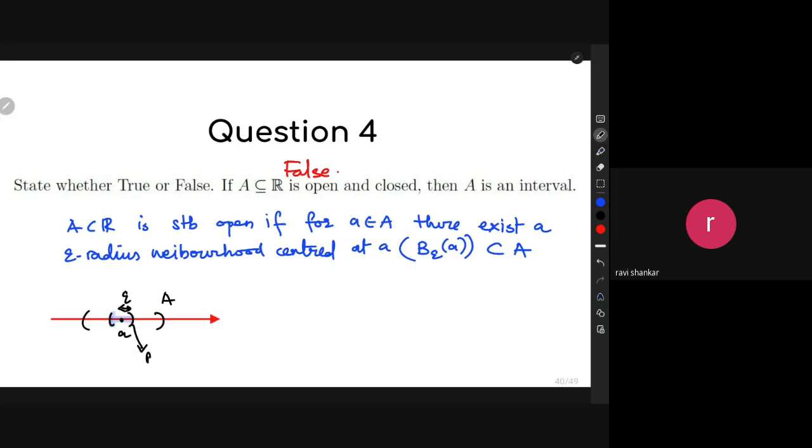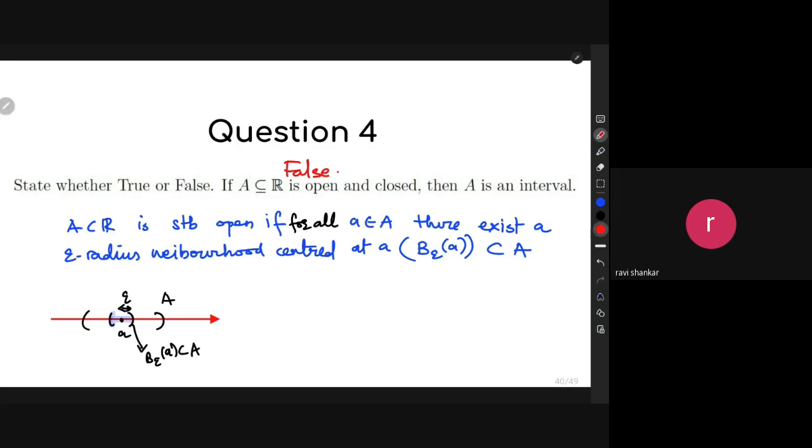So this is called B epsilon of a, and it is completely sitting inside A. And this happens for all elements in A. If this happens for all elements in A, we say it is an open set.